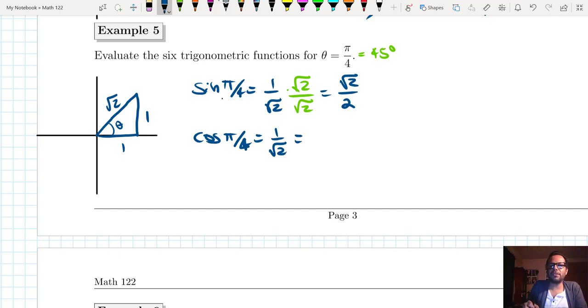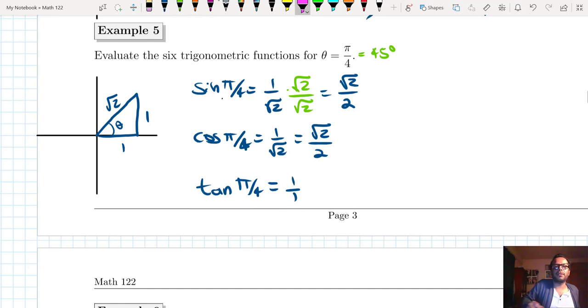I'm not going to do the rationalizing. I'm just going to write it. All right, I'm going to just omit that step. It's the same. Tangent pi over 4. All right. Let's see. That's opposite over adjacent. Right? Opposite over adjacent, that is 1 over 1, which is simply 1.